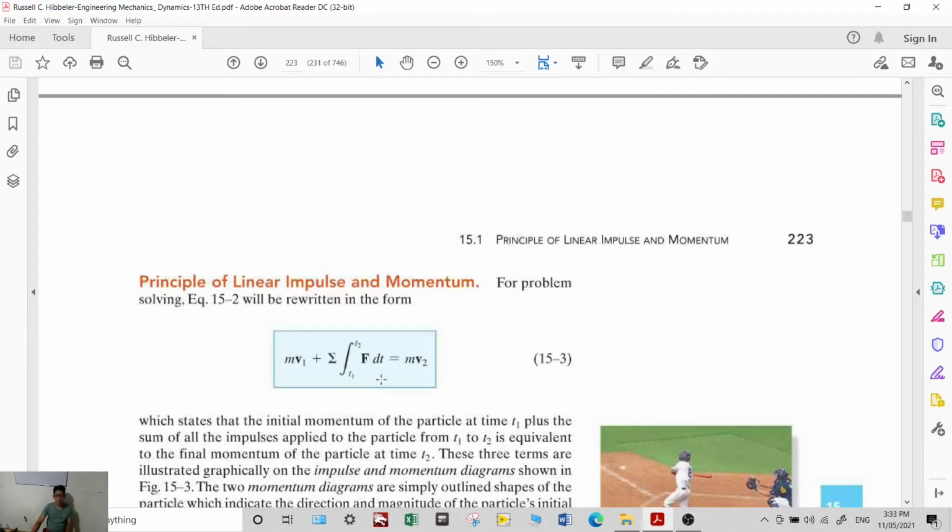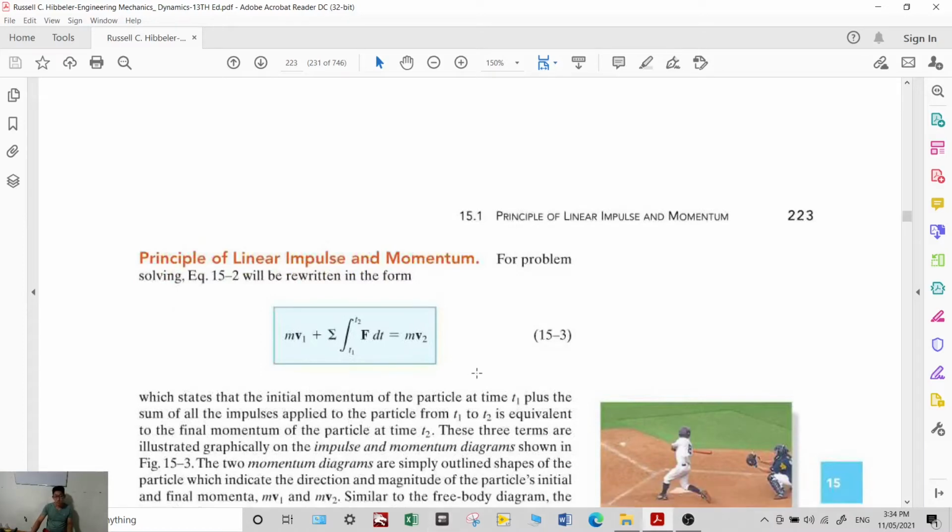Now, this equation states that the initial momentum of the particle, okay, so if the particle is moving to the right, and then you apply a force at a certain time interval, the change in momentum will be mv2. So, therefore, your final momentum is just equal to the initial momentum plus the impulse.